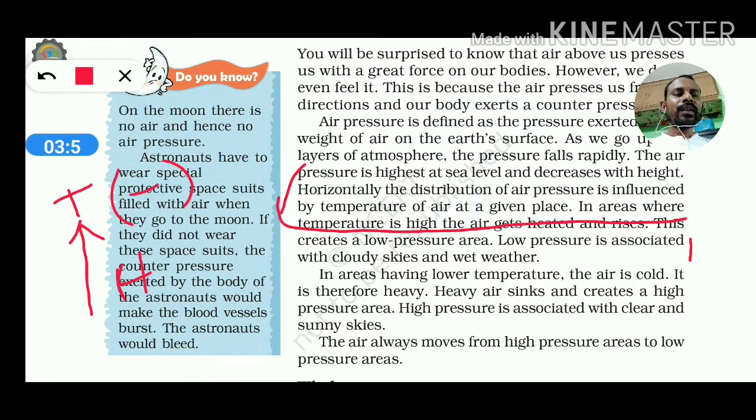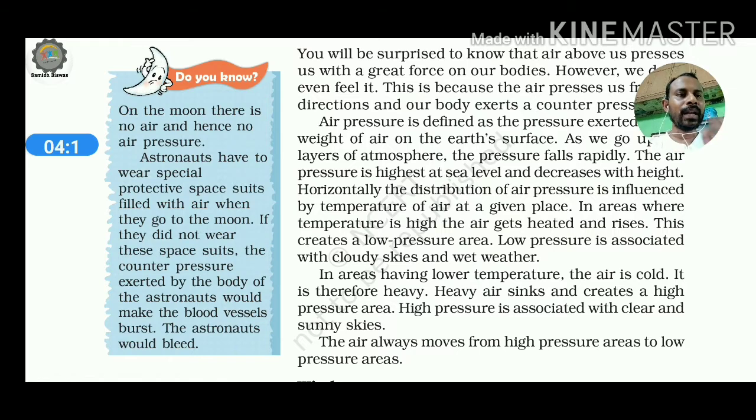That is why, though I have mentioned the air can create comparatively less pressure in the upper side, in case of horizontal distribution of air pressure, we can feel that in the upper region there is also creation of a high pressure belt.